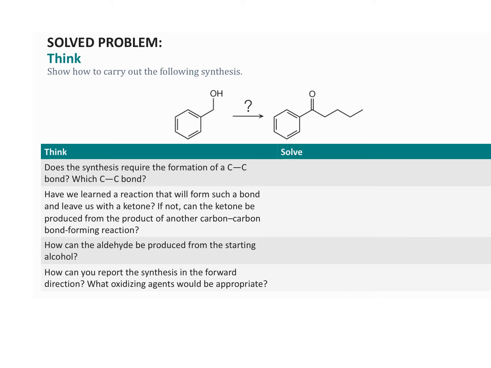So when we look at this synthesis, we need to ask ourselves, does the synthesis require the formation of a carbon-carbon bond? And which carbon-carbon bond? What we're going to notice here is these atoms correspond to these atoms here, and these atoms here are the part that's different.